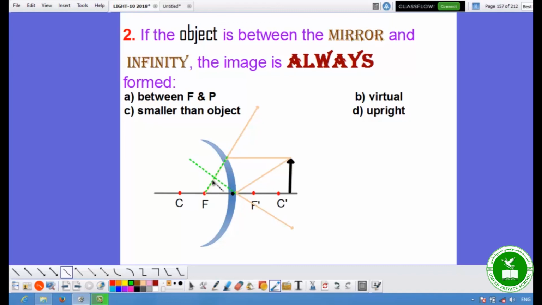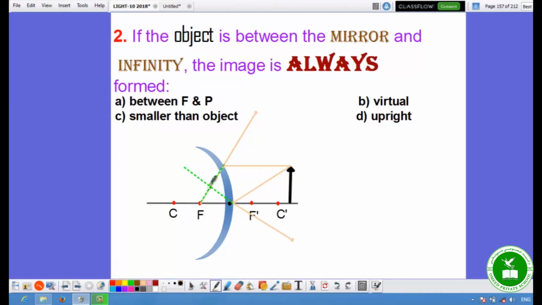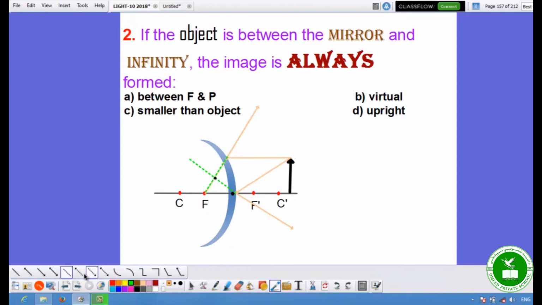These imaginary rays, the extensions of these reflected rays, intersect each other at this point. You see this point, at this point they intersect each other, so here the image is formed. The image is formed between F and P. Let me draw the image. Now this is the image, dear students.